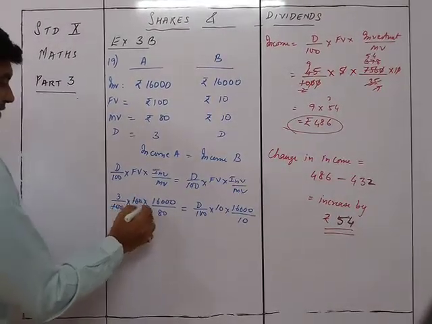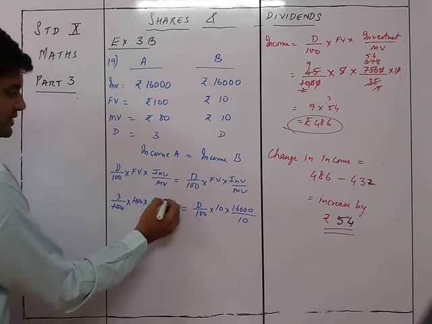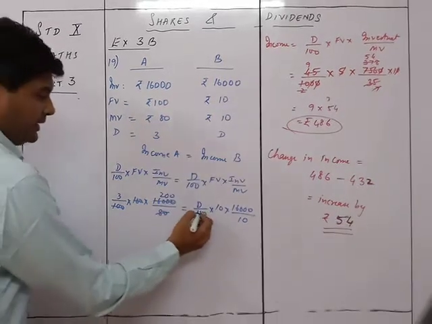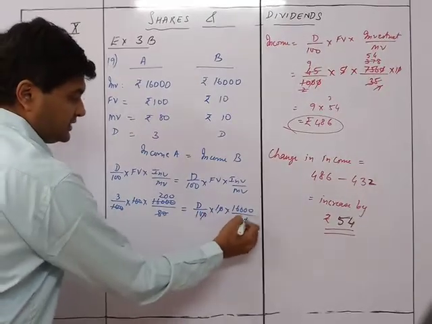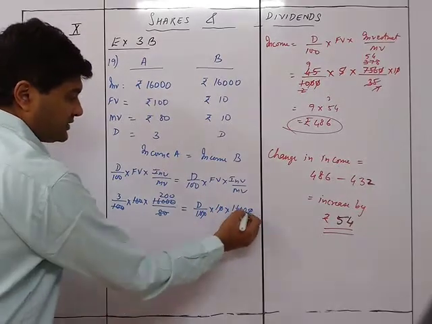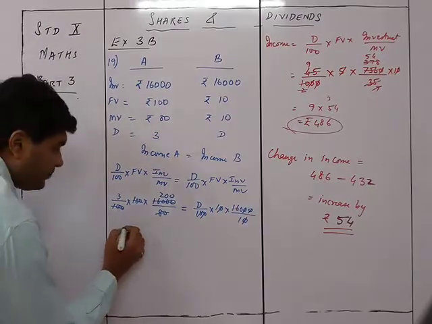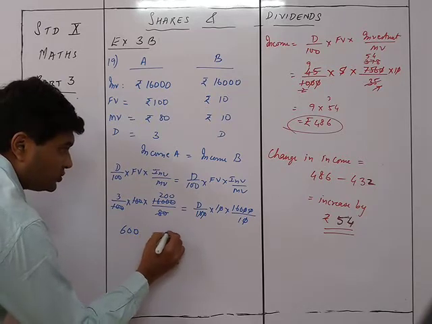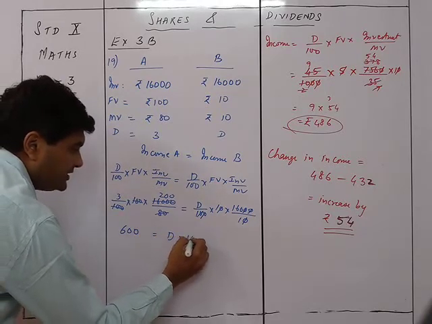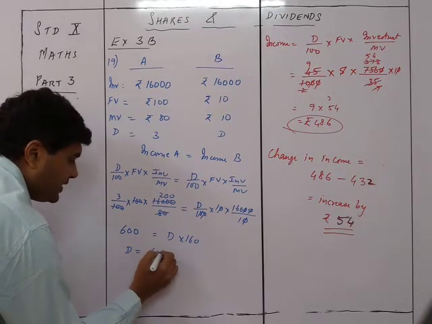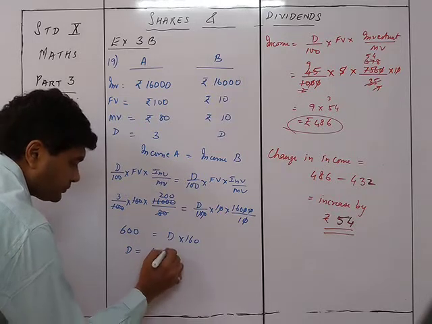This 100 cancels with this, 80 over here cancels with this, and the zeros cancel with the zeros. So accordingly, 600 is equal to D into 160.